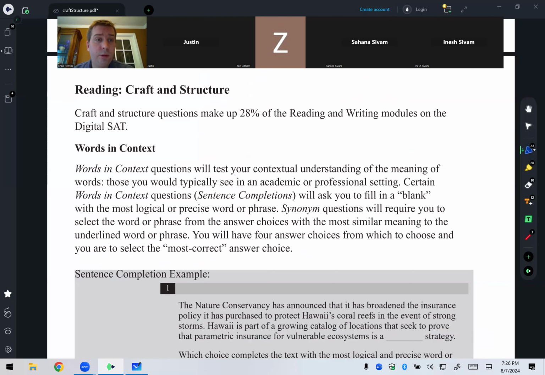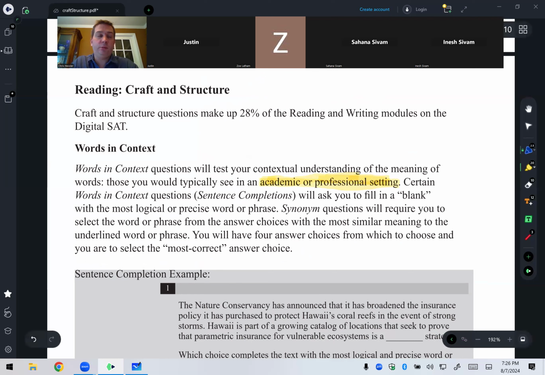So words in context questions will test your understanding of the meaning of words. And these would be words that you would typically see in an academic or professional setting. They sort of cap the difficulty of these words. They only are interested in words that you would typically see in your professional career or in college.